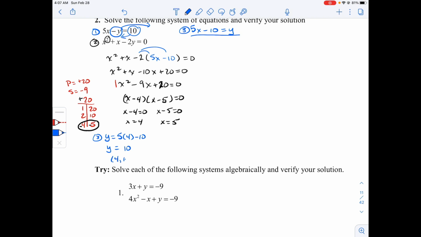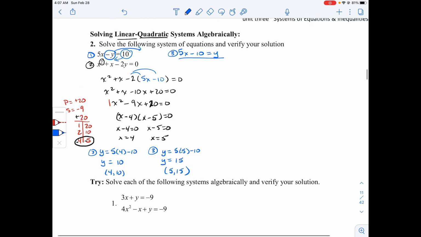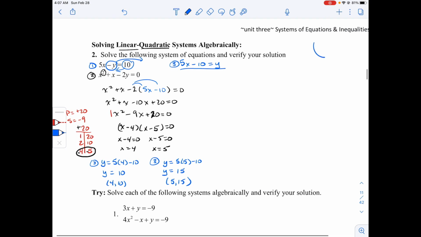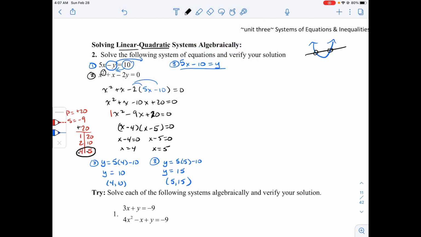Our first solution is (4, 10). Again using equation 3, y is equal to 5 times 5 minus 10, so y is 25 minus 10, which is 15. Our second solution, rather, is (5, 15). And of course, we know from our first lesson that with a linear quadratic, we have some kind of quadratic and some kind of linear, and we of course have two solutions.